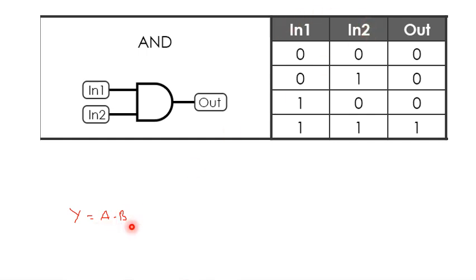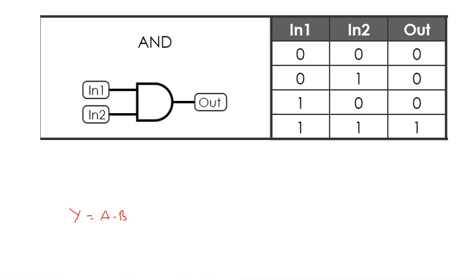So for A and B, 0 dot 0 is 0, 0 dot 1 is again 0, 1 dot 0 is 0, 1 dot 1 is 1. So if both inputs are 0, the output is also 0. If any one of the inputs is 0, the output is always 0. If both the inputs are 1, the output you are getting is 1.